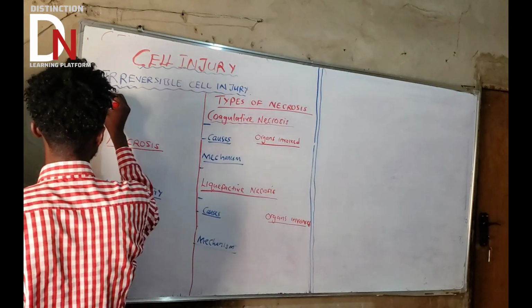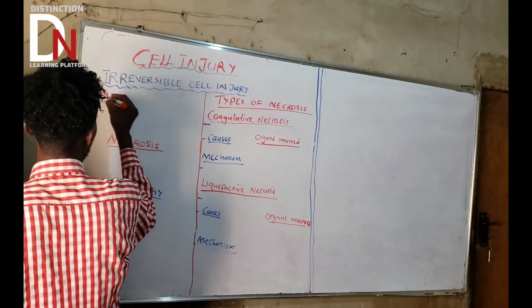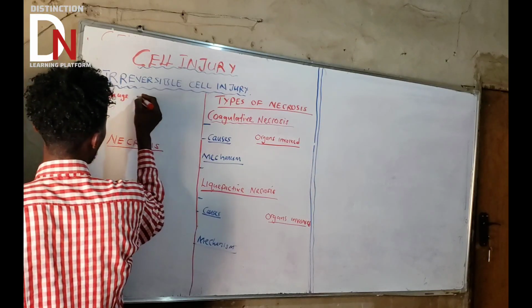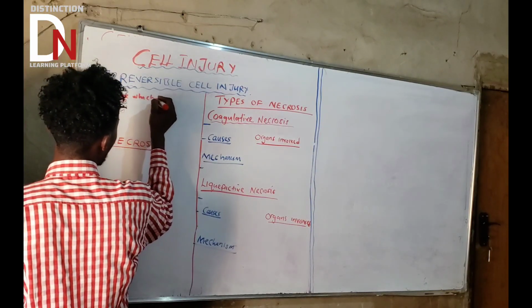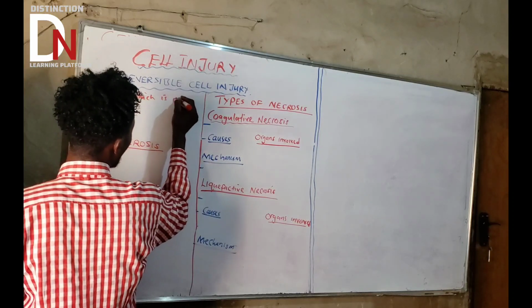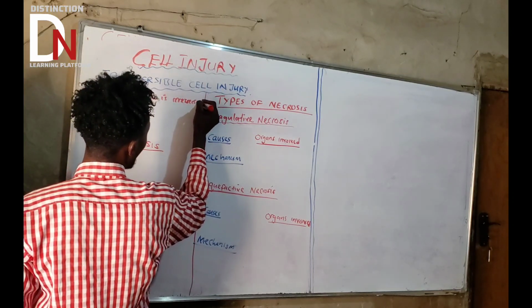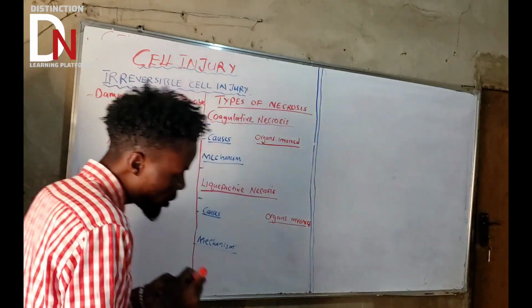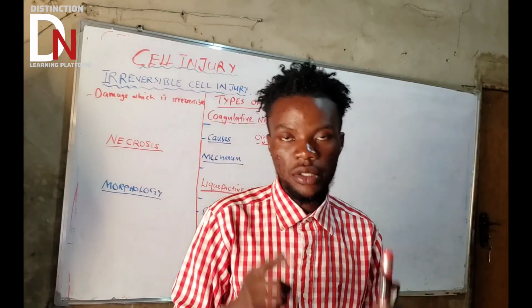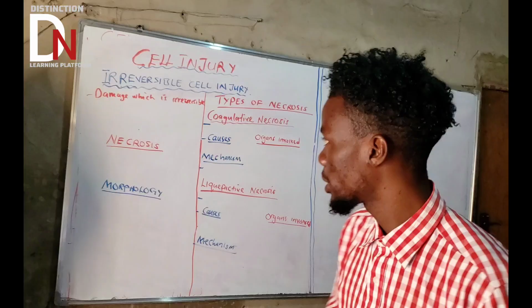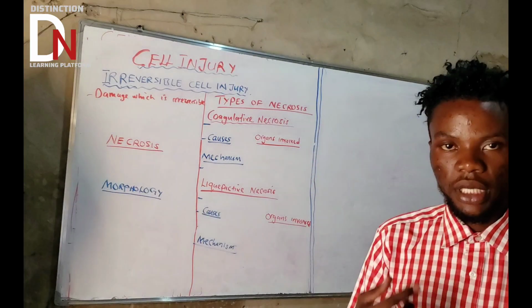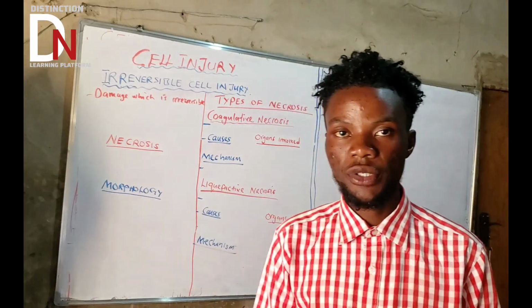So we are saying damage that is irreversible, which is made to the cell. What else are we supposed to know? There are two types of irreversible cell injury.